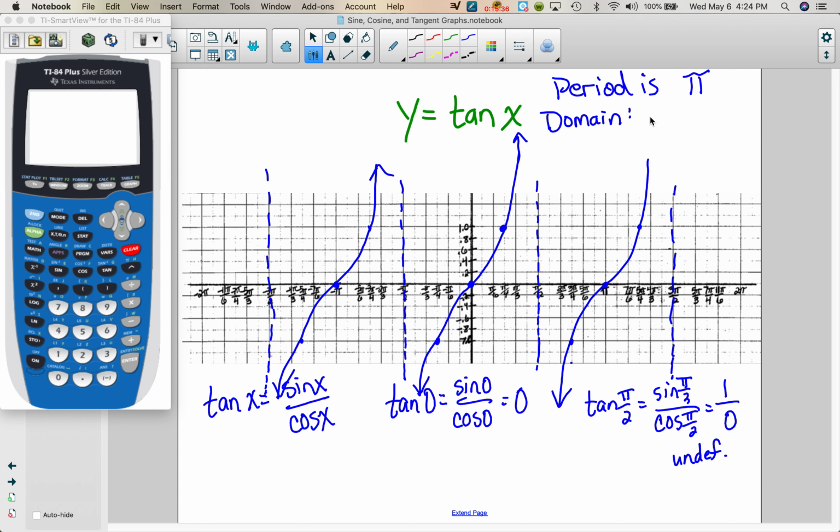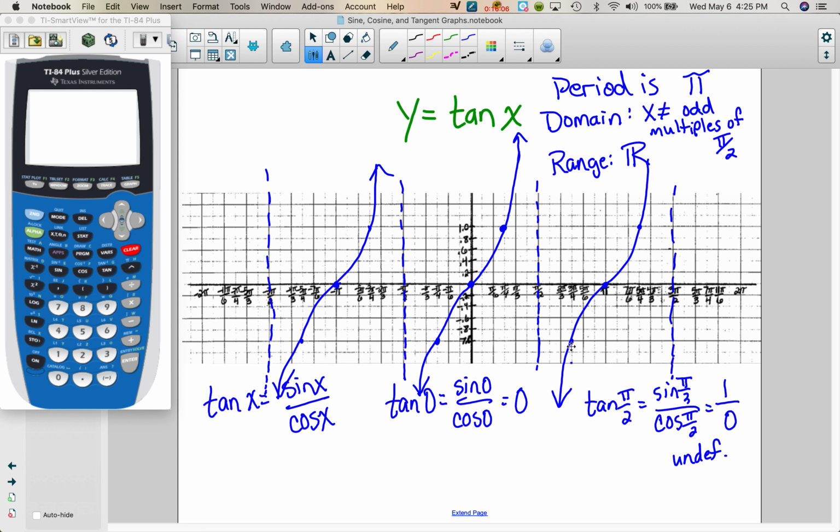We're going to exclude x not equal to odd multiples of pi over 2. Odd multiples because it is defined at pi, which would be a multiple of pi over 2, but not an odd multiple. And the range is all real numbers, because you see it's going to extend down, extend up.